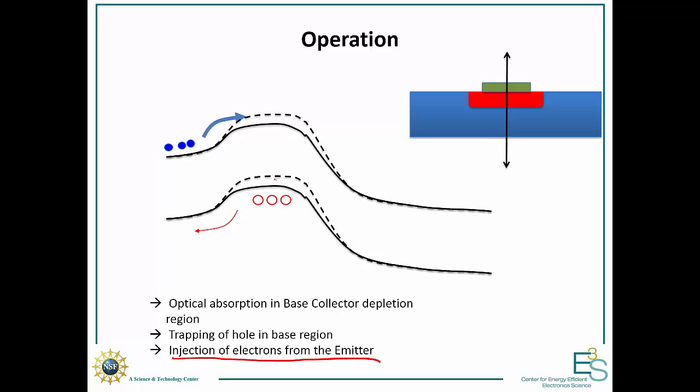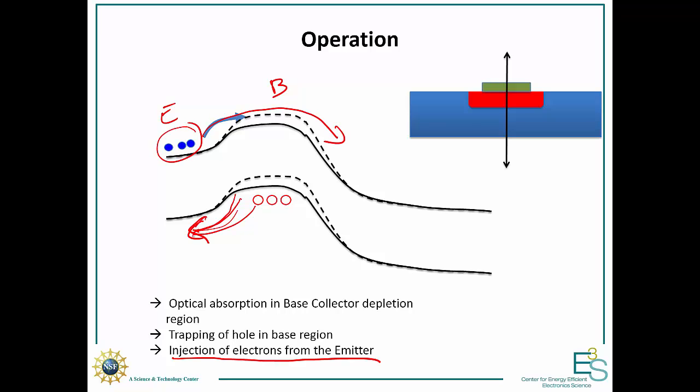At the same time, your holes are going to see a reduced barrier here, and you're going to get some injection of those holes from the base into the emitter. And that's how your transistor discharges.